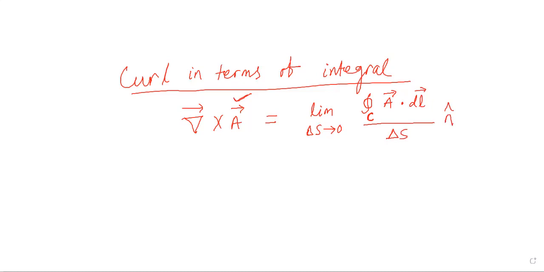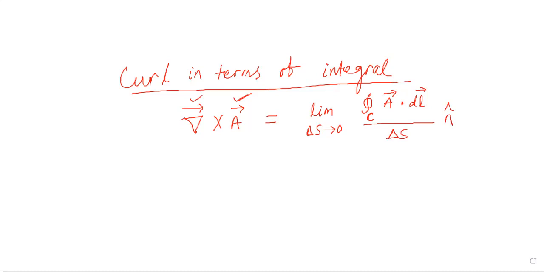So del cross A, or the curl of a vector field, gives you the rotating effect of the vector field at any point. Whether the vector field has a rotating effect or not can be determined by just finding its curl. You operate the del operator with a cross product on that vector field and see whether the curl exists or doesn't exist.